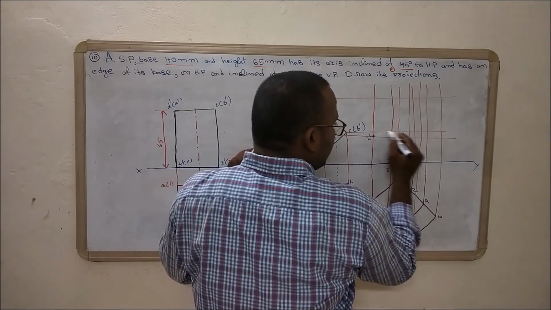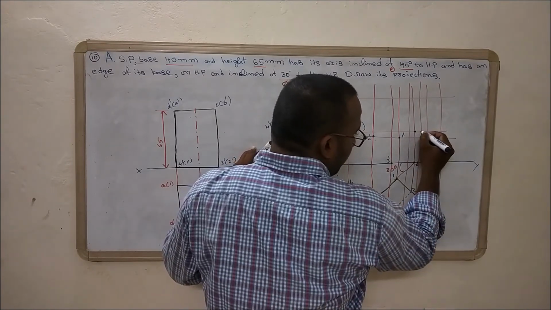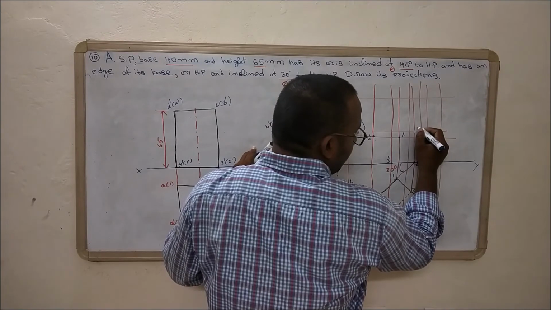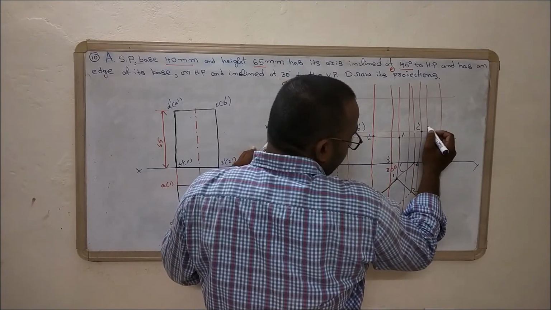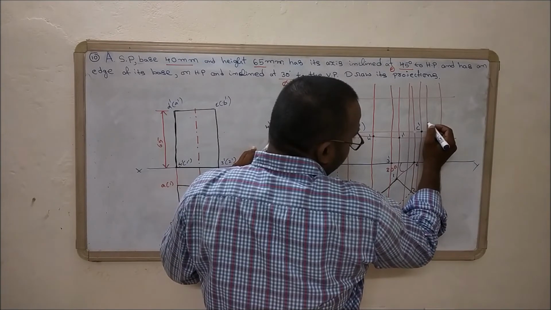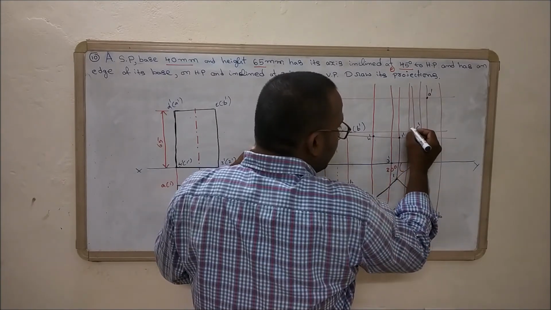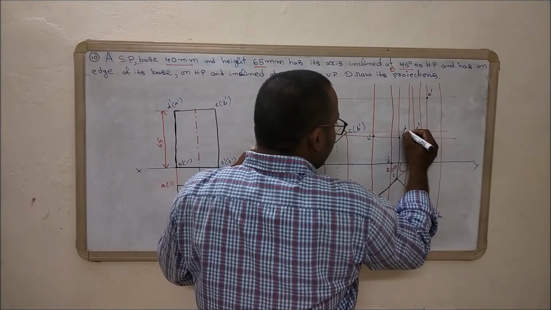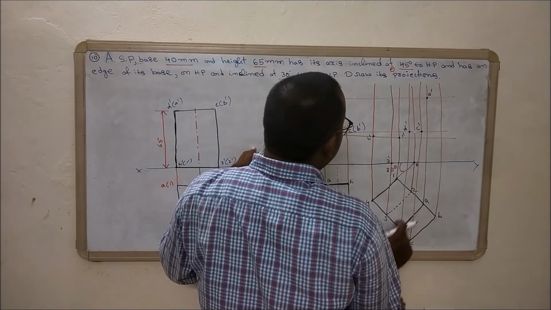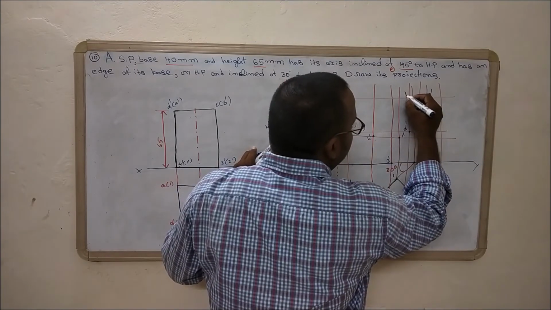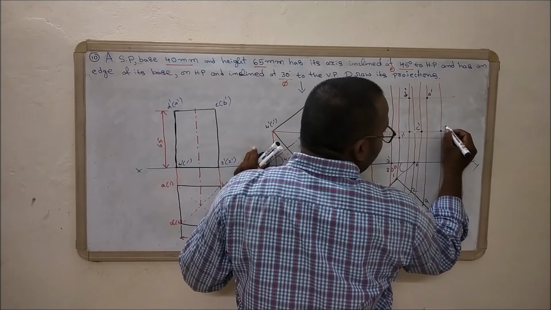So here it is D. Here this is the point C dash, and here this is the A dash, D dash, D dash is here, and then here it is B dash.